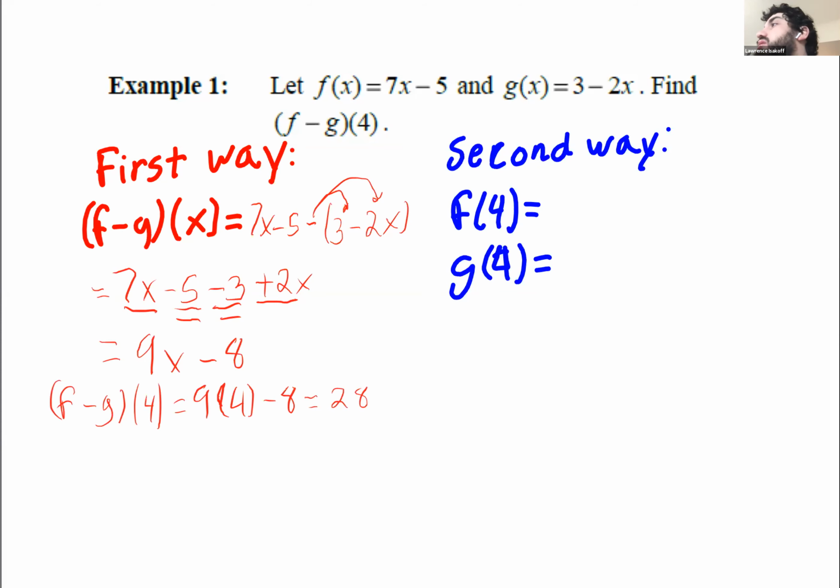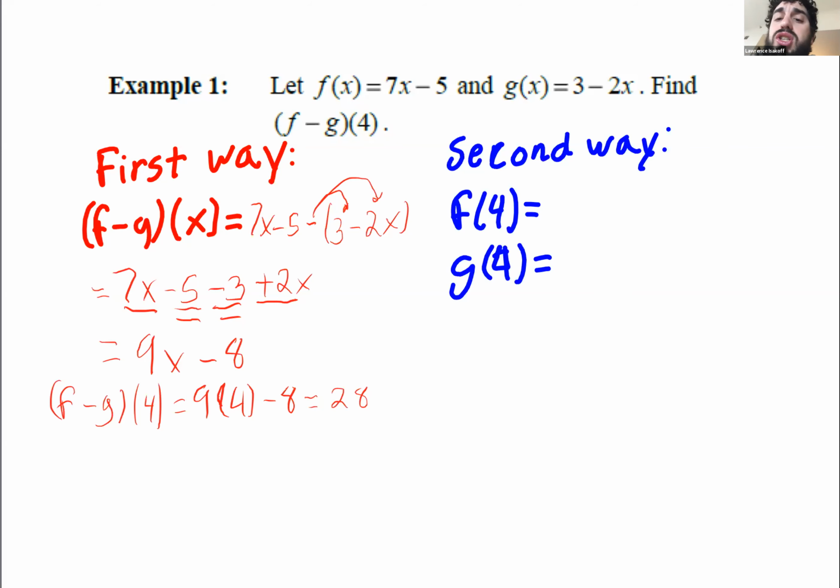Okay. That's the first way to do it. If you like that way, you're like, that was easy enough, I don't even care too much what the second way is, great. If you're like, oh, I still want to see the second way, that's fine too.